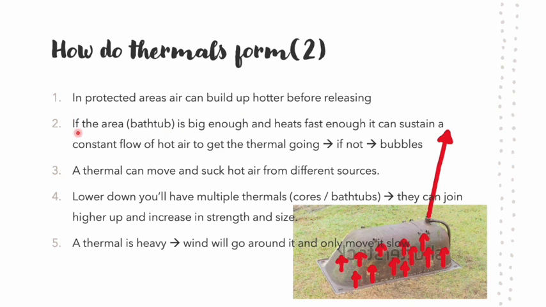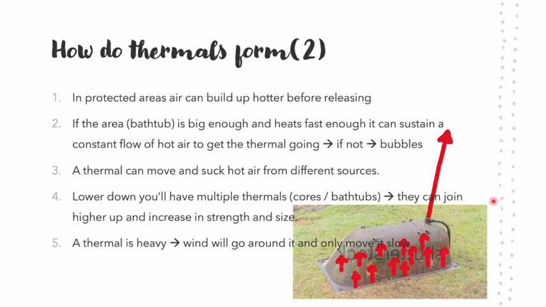As I already said, if that area, that bathtub, is big enough and heats up fast enough, at some stage it can sustain a constant flow of hot air to keep the thermal going. Otherwise you have bubbles. If there's prevailing wind blowing through that area, the thermal can then be blown, like we'll get to, start angling, but also start to move.